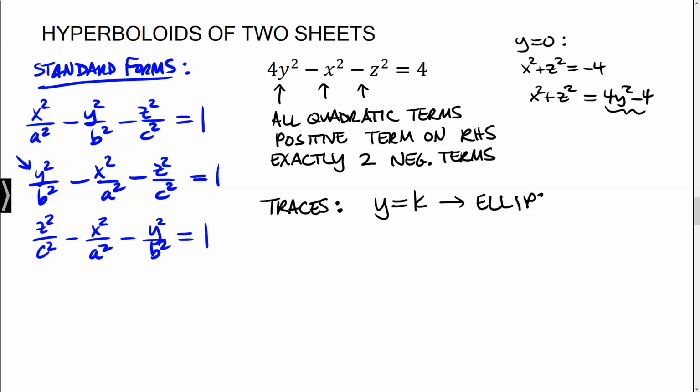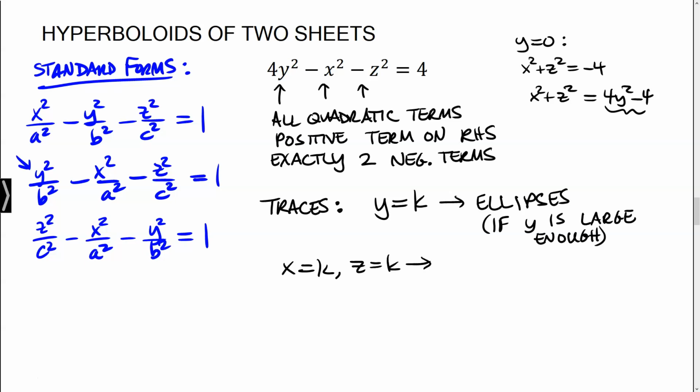So eventually we get ellipses if y is large enough in magnitude. Now with x equal to a constant or z equal to a constant, you could shift that term to the other side, and the remaining two terms will always have opposite signs, which means those are always hyperbolas.